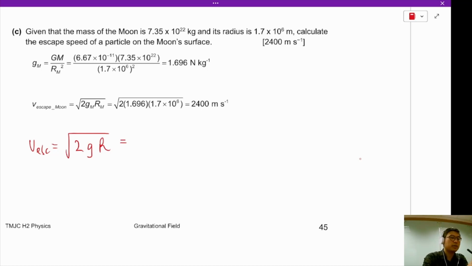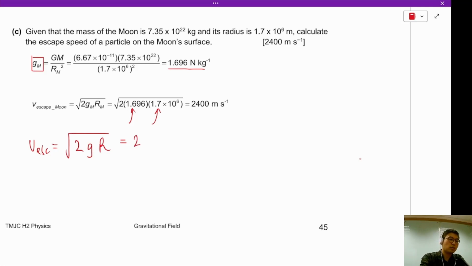First, we find the gravitational field strength of the moon to be GM over Rm squared. So the gravitational field strength of the moon will be 1.696 newtons per kg. Then after that, we can just substitute in these values for the moon to find that the escape speed on the moon is 2.4 kilometers per second.